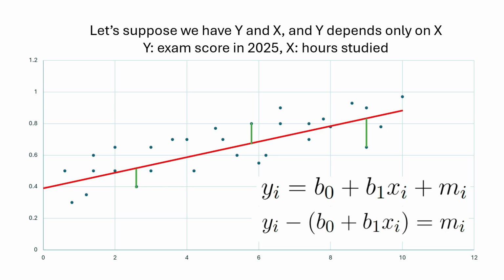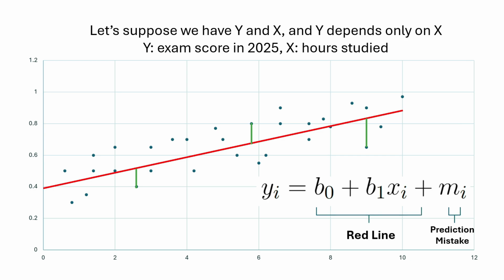So for student i, if the score or Yi is above the red line, then Mi, or prediction mistake, is going to be positive. And if the score is below the red line, then Mi is going to be some negative number. So that's what this equation is. It simply expresses the exam score in terms of a point on the red line and the prediction mistake.